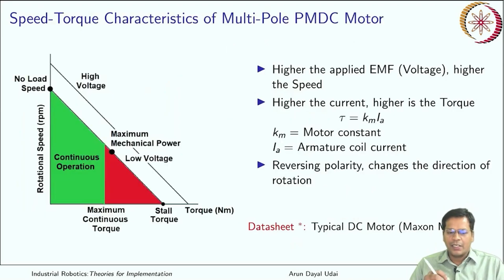This is basically a relationship between speed and torque characteristics of a multipole DC motor, that is a PM DC motor. So tau is equal to Km into Ia. You can very well notice here that torque is proportional to the current which flows through the armature coil.